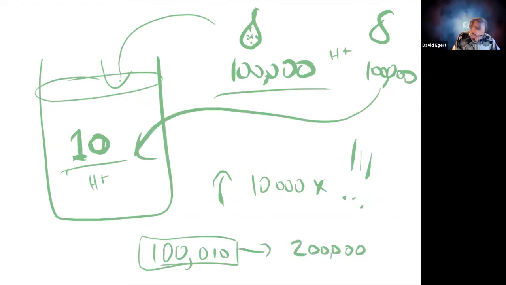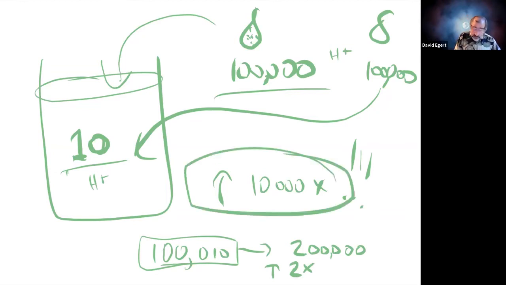So now it's just gone up by, oh, how boring, it went up by 2. I've doubled it. Right? So the first drop, I went up by a factor of 10,000, which was 4 pH units. The second one went up only by 2, which is just a fraction of a pH unit.